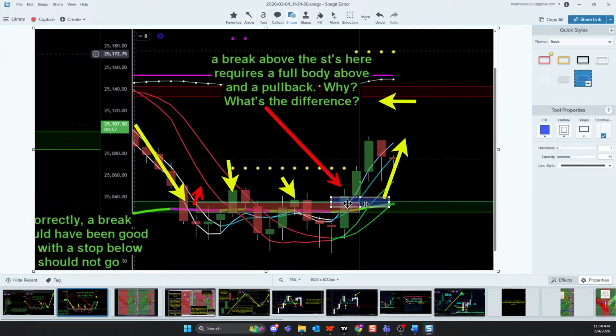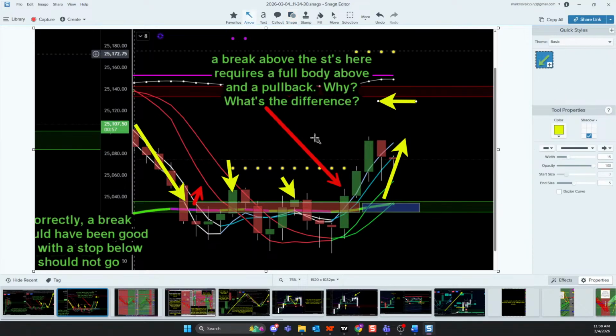That's the one that took us back to support, but there's no rules met. There's no rules met for entry. And if you jumped in right there, how do you manage that? Because the next bar pushed down. Does that make sense?